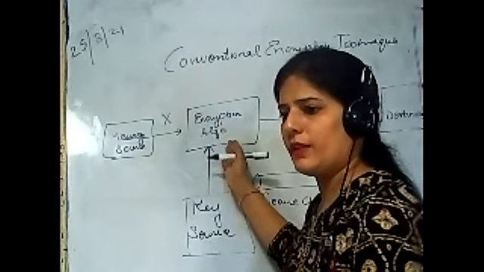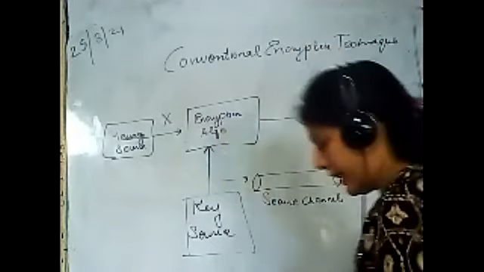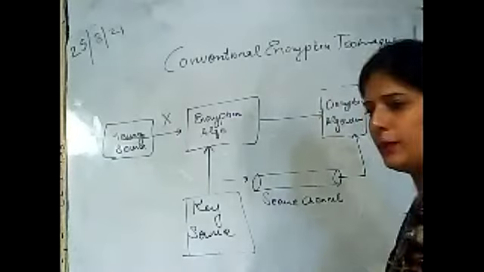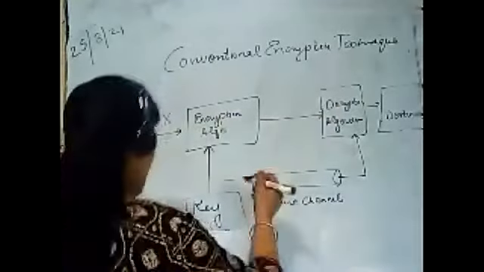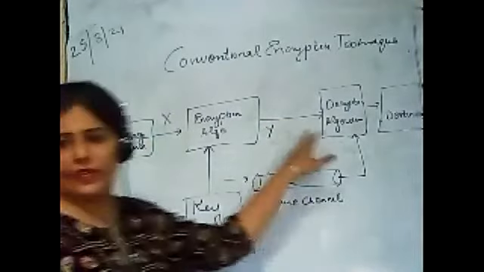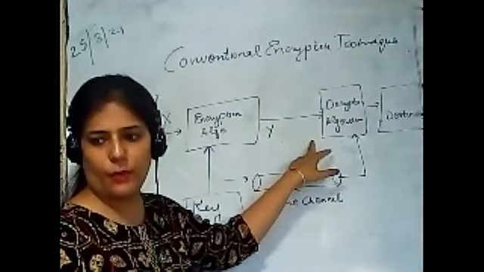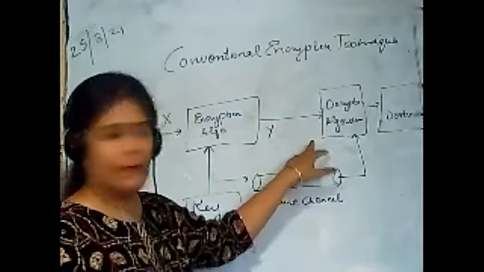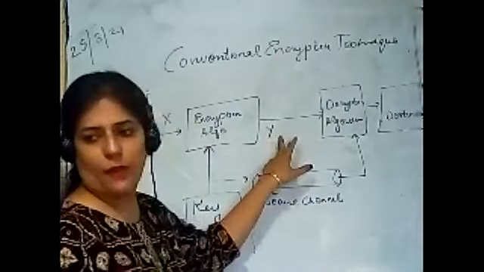After encryption, the ciphertext that will be shown will be in the form of y.